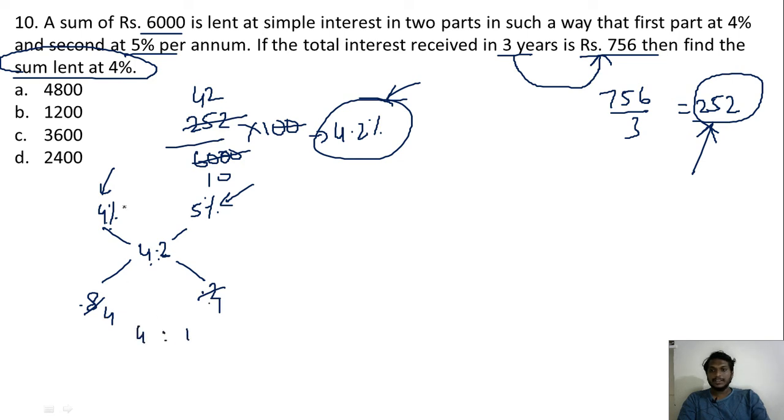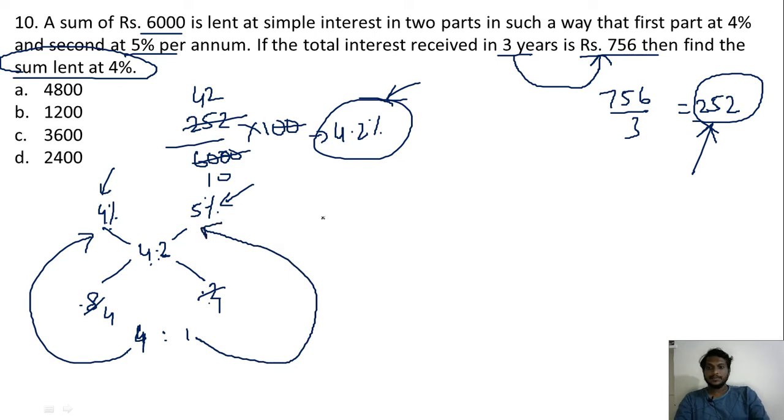That means 4 parts of the total money is invested in 4% and 1 part of the total money is invested in 5%. Now total sum invested is 4 plus 1, 5 units.